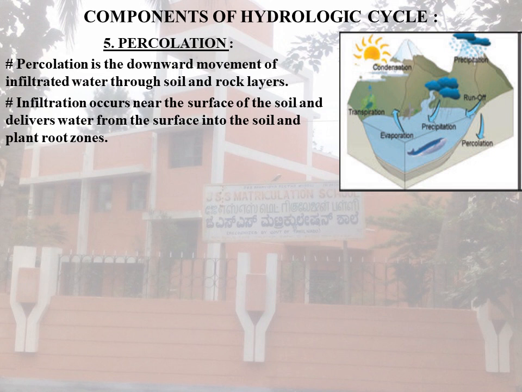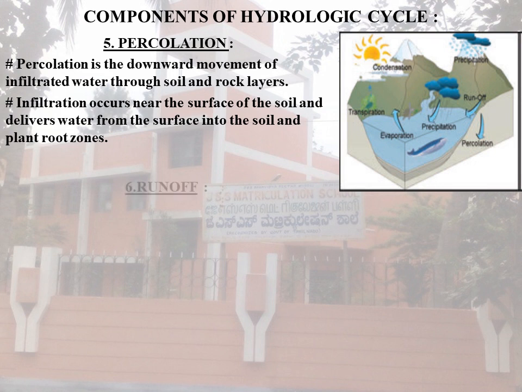Percolation moves the infiltrated water through the soil profile and rock layers, which leads to the formation of groundwater or becomes a part of the subsurface runoff process. Thus, the percolation process represents the flow of water from the unsaturated zone to the saturated zone.